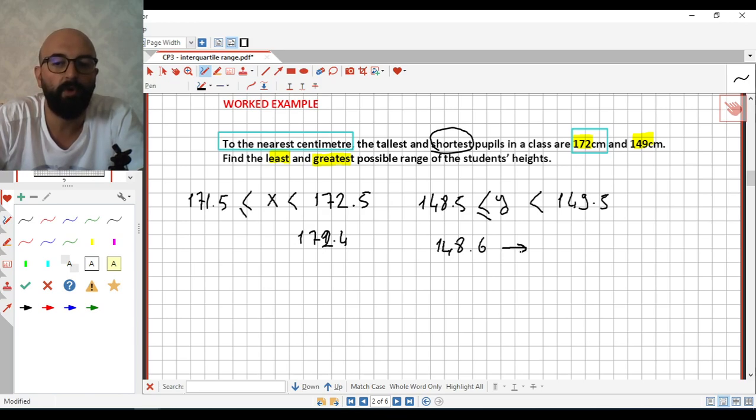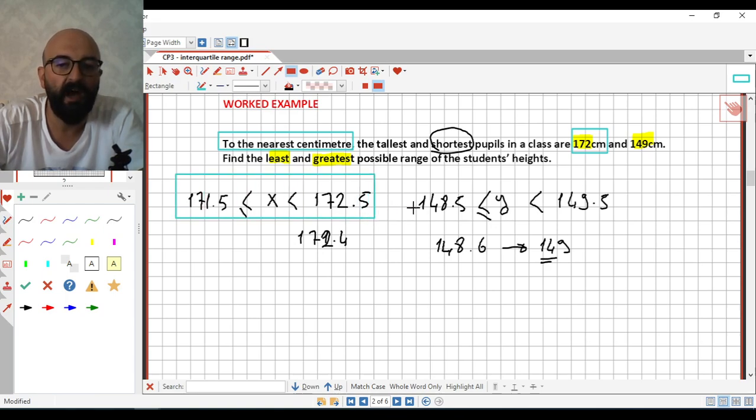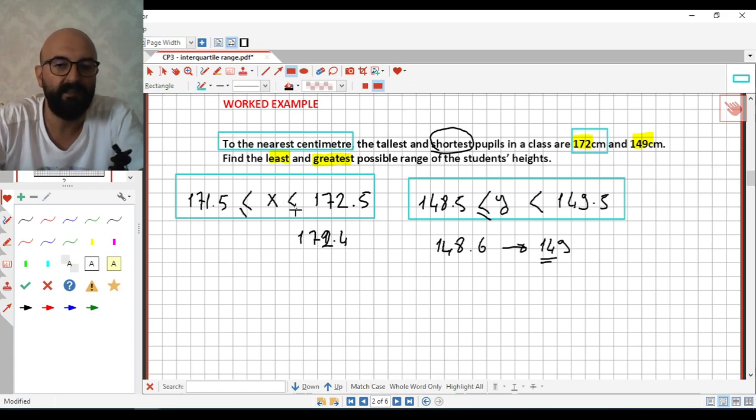You can round it to 149. So we can accept their heights, their heights gap, in this situation.